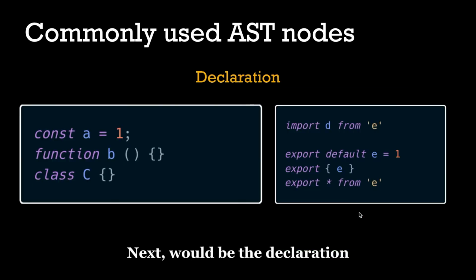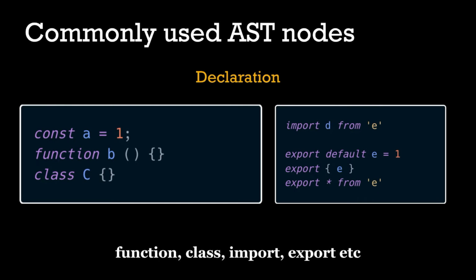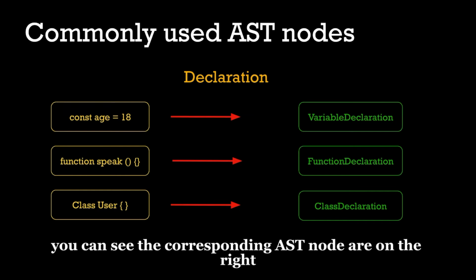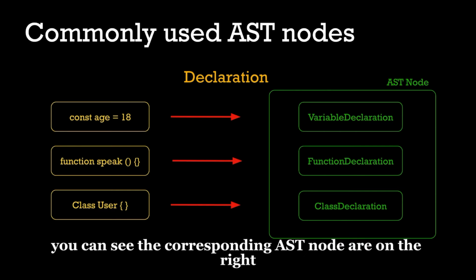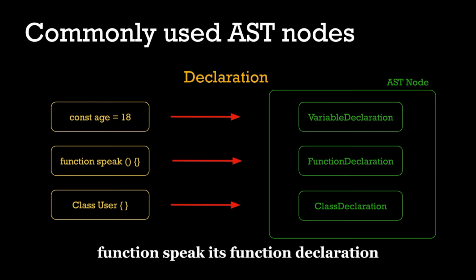Next would be the declaration. A declaration statement is a special kind of statement that declares a variable, function, class, import, export, etc. in the scope. For example, you can see the corresponding AST nodes on the right. So const age equals 18, it's a variable declaration. Function speak, it's a function declaration.